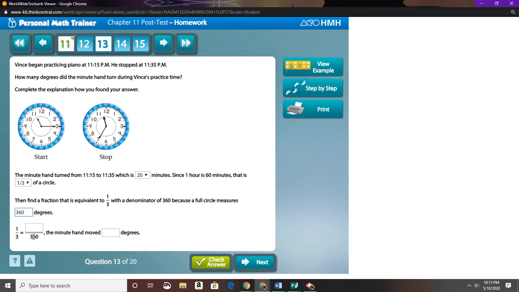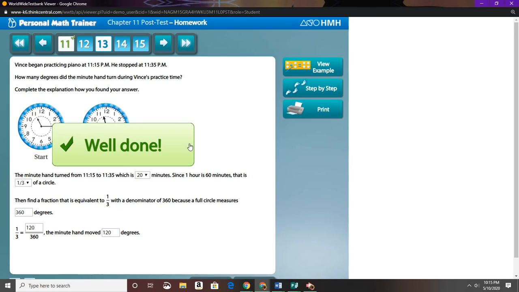Well, 3 times 12 is 36. 3 times 120 is 360. So 1/3 equals 120/360ths. And that means the minute hand moved 120 degrees.